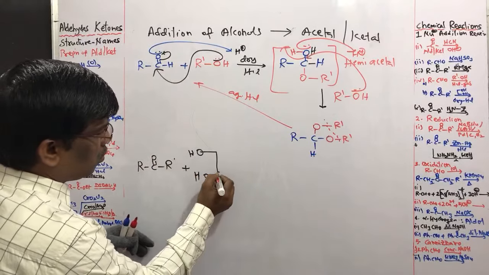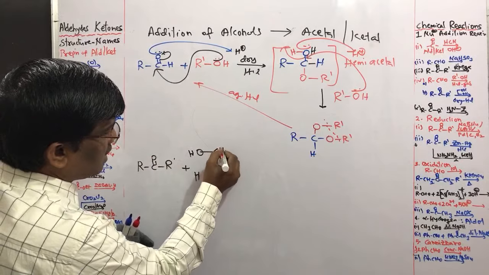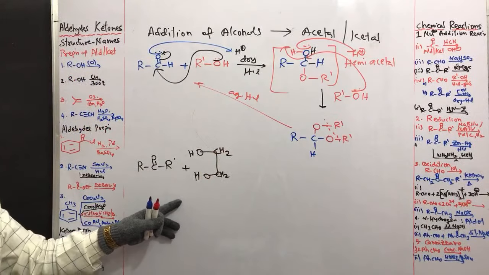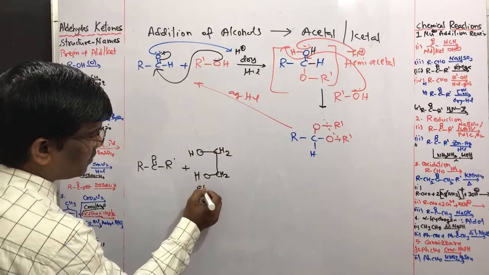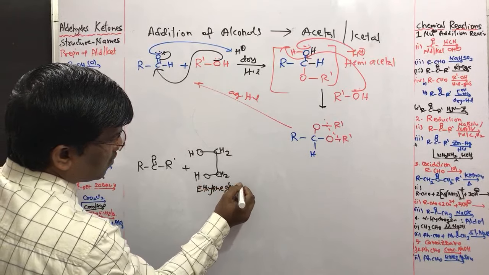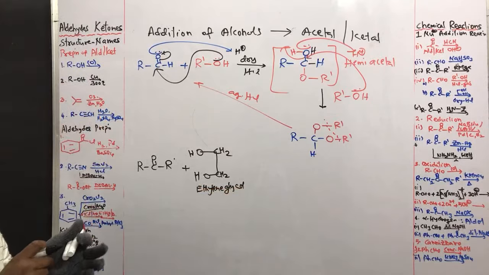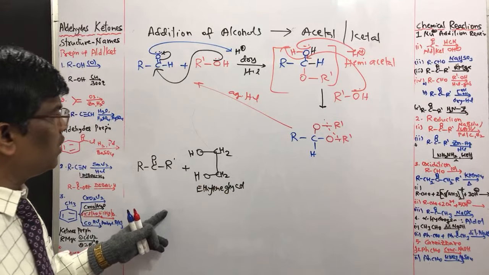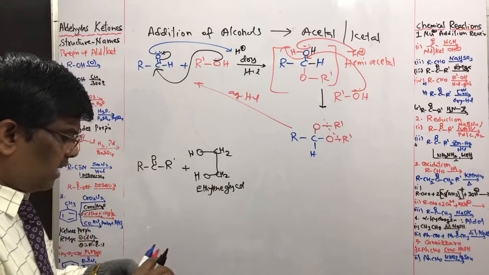Two OH groups are there. I can write it like this: CH2OH, CH2OH. Right? So ethylene glycol. It is very important, students. It will be learned during protection and deprotection reactions.